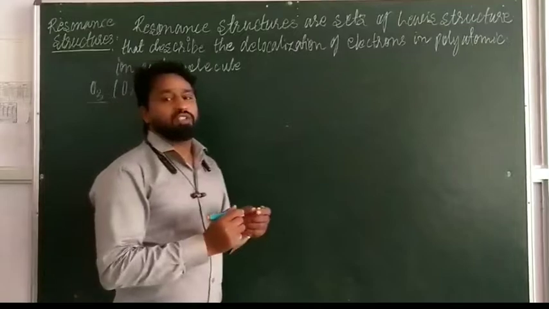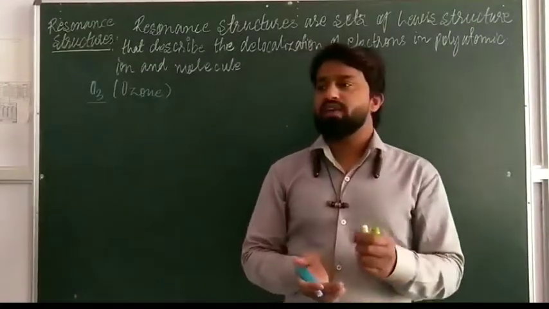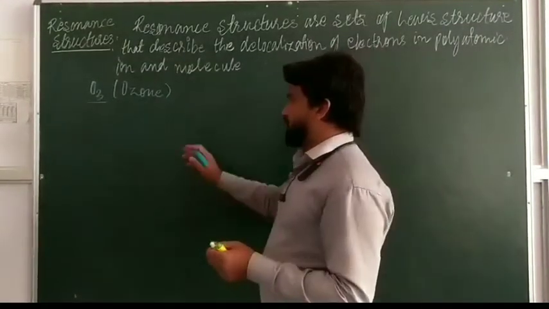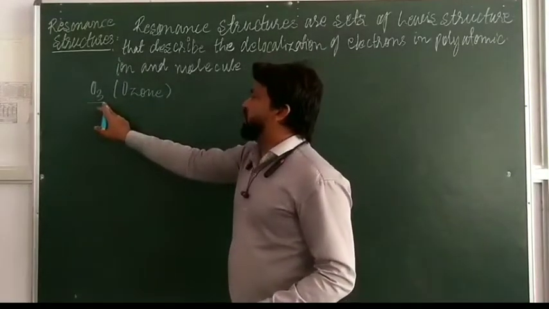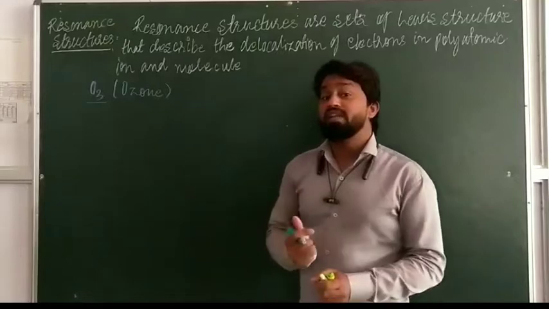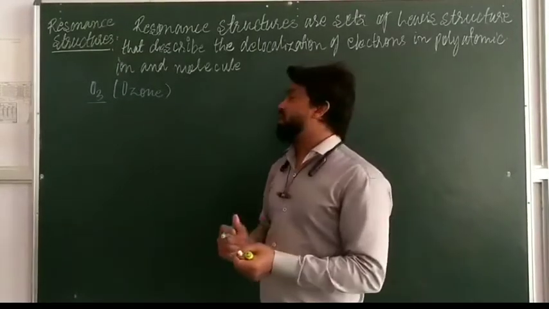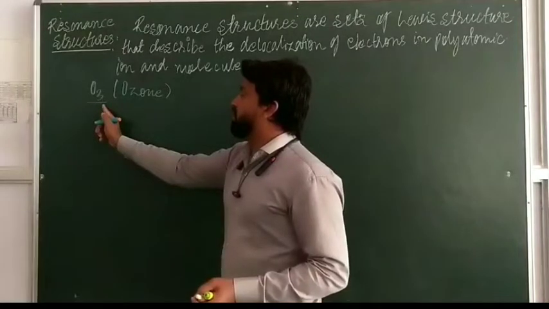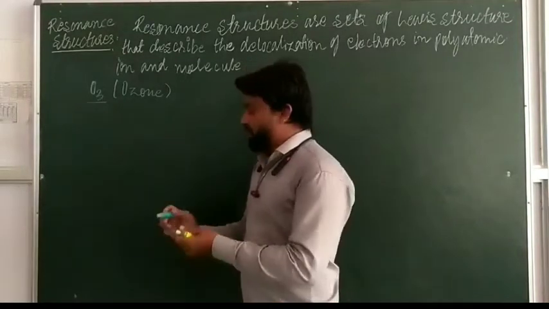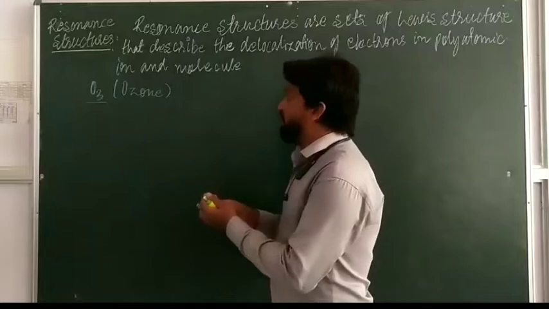To draw the Lewis-Dot structure, we have to discuss its valence electrons. In the ozone molecule, there are 3 oxygen atoms. One oxygen atom has 6 valence electrons, and there are 3 oxygen atoms in total. Hence, the total number of valence electrons for the ozone molecule is 18.